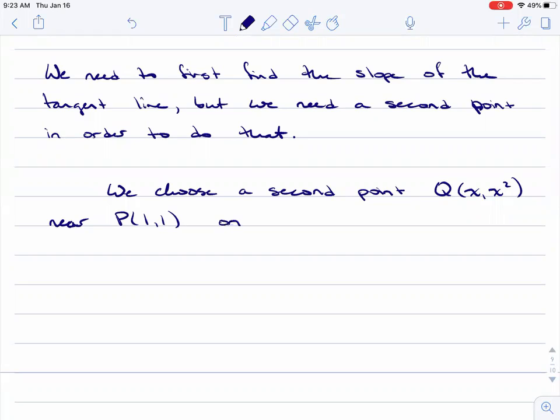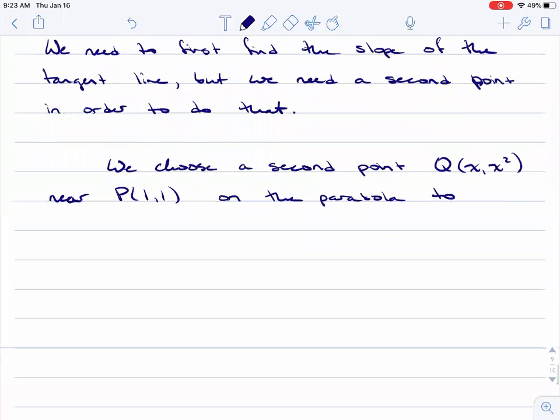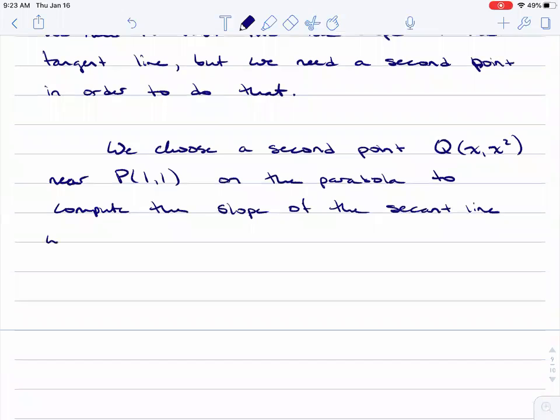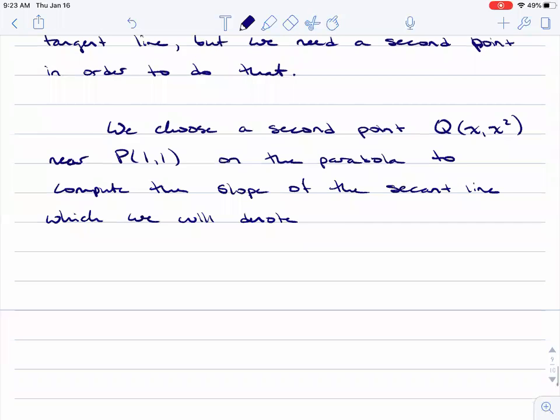We know Q is on the parabola, and the goal is to compute the slope of the secant line, which we will denote by m, right? y equals mx plus b. m is usually used for the slope.